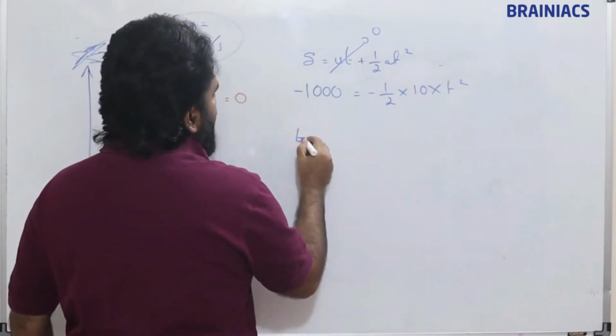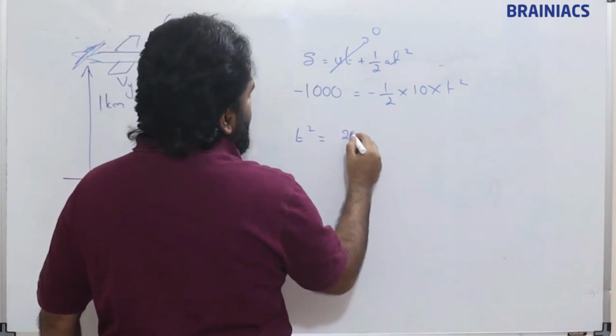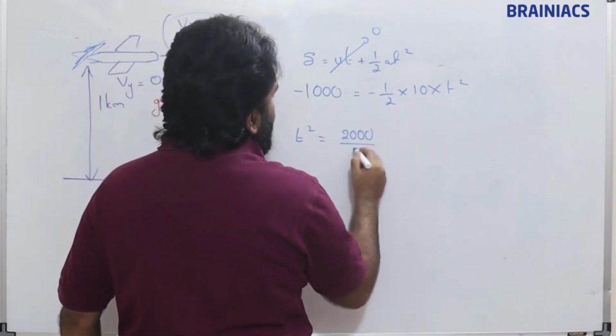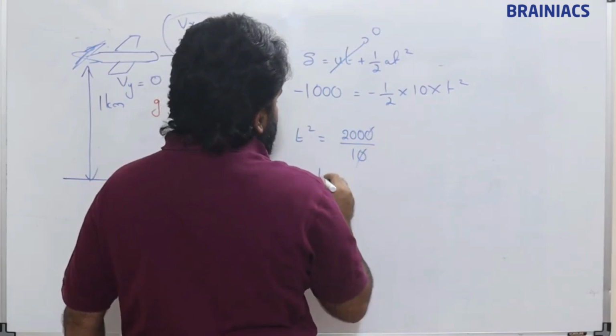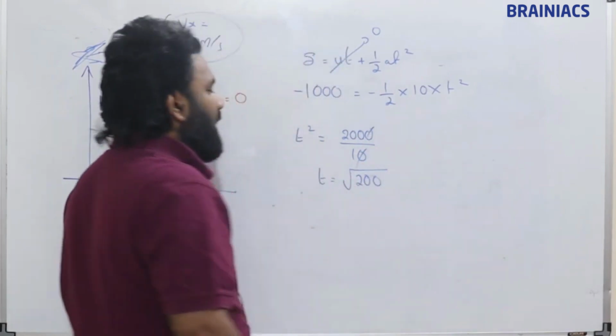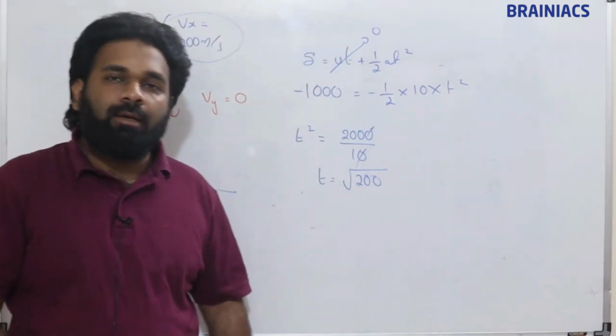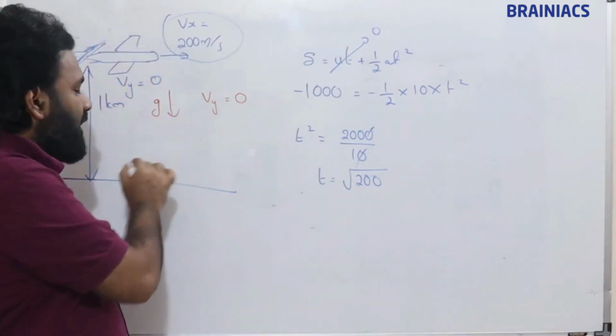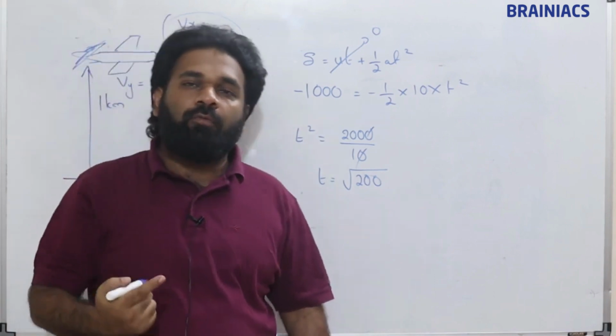So t square is equal to 2000 divided by 10. So t is equal to root 200. This much time it will take for the bomb to reach the ground.